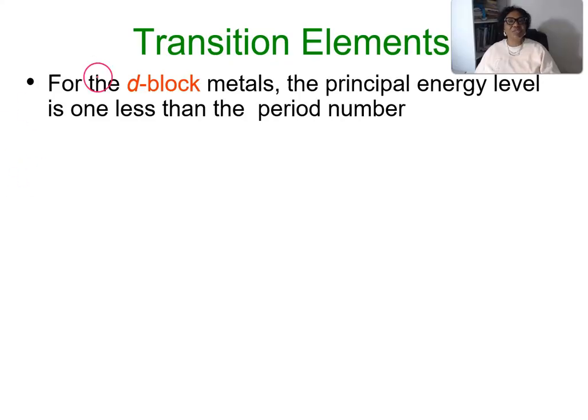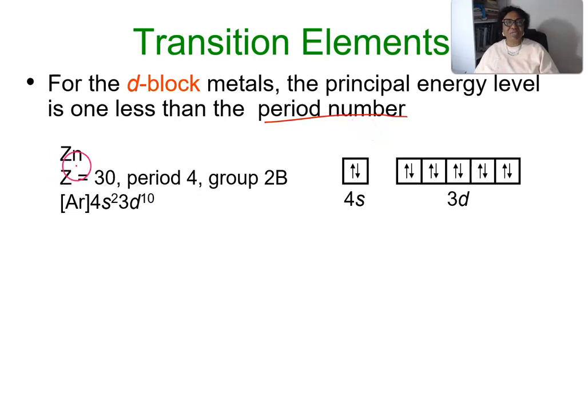So transition elements. For d block metal, the principal energy level is 1 less than the period number. So for zinc, it has 30 electrons. It's in period 4, group 2B. So its electronic configuration is argon 4s2 3d10.